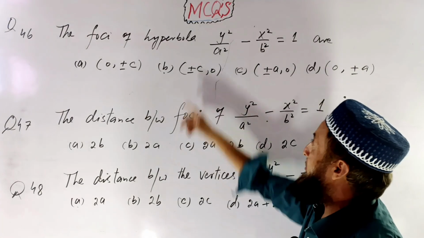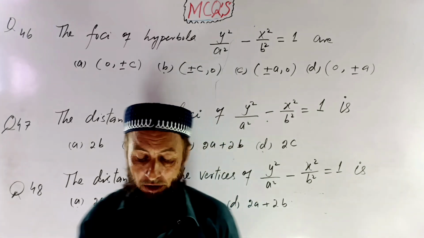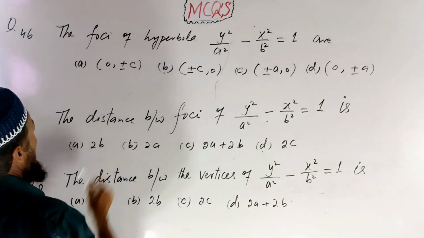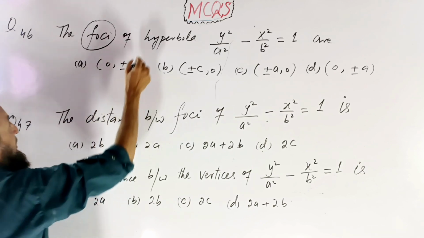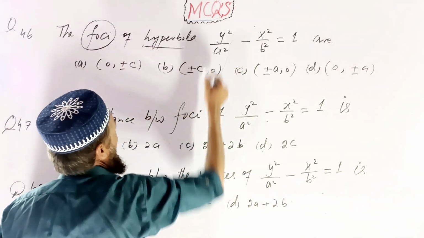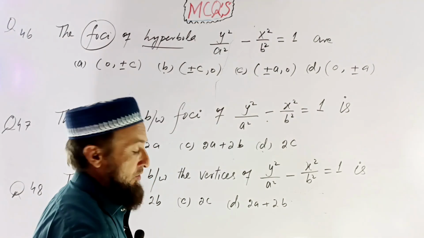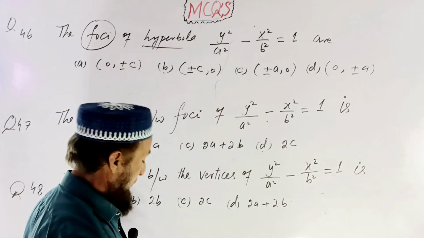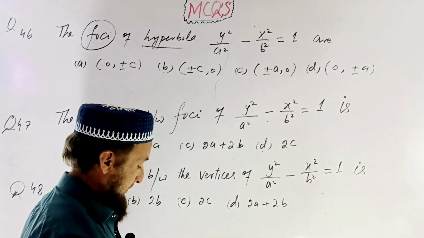Foci of the hyperbola is required. According to the definition of foci of the hyperbola, this is a conjugate hyperbola, because y square by a square.